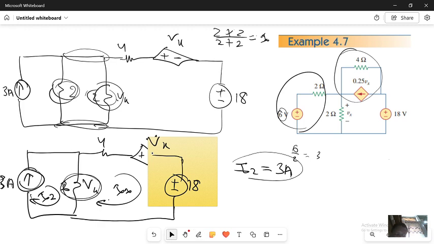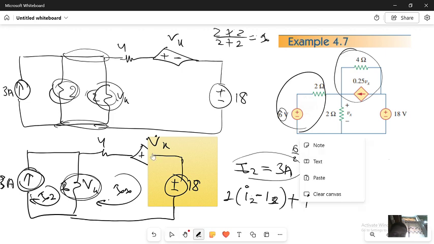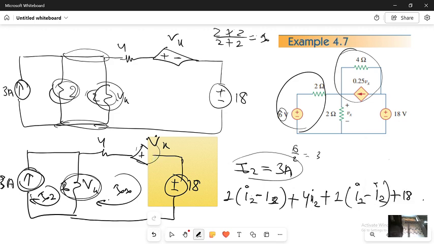I can have this resistor, meaning 1 times I1 minus I2, I2 is 3 plus 4, therefore it is only 4I2, because there is no other mesh, other loop, plus here I will have Vx, and Vx equals what? Vx equals 1 multiplied by I1 minus I2. Here is going to be plus 18, equals 0.